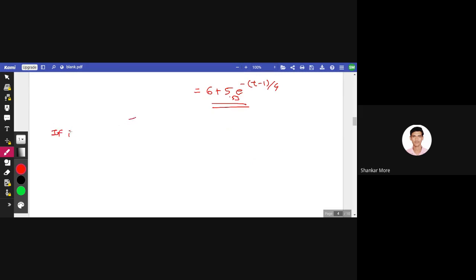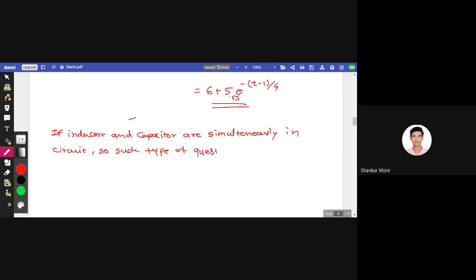If inductor and capacitor are simultaneously in circuit, so such type of questions to be solved by using Laplace transform only.